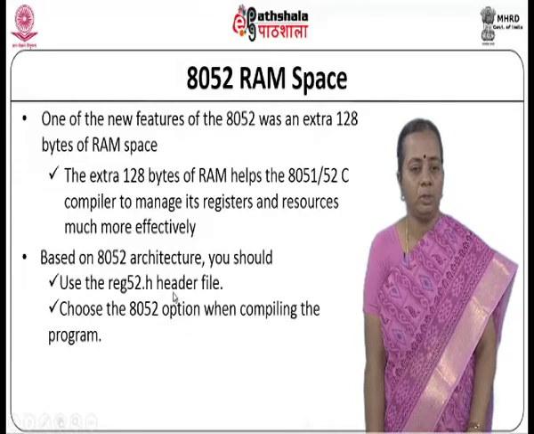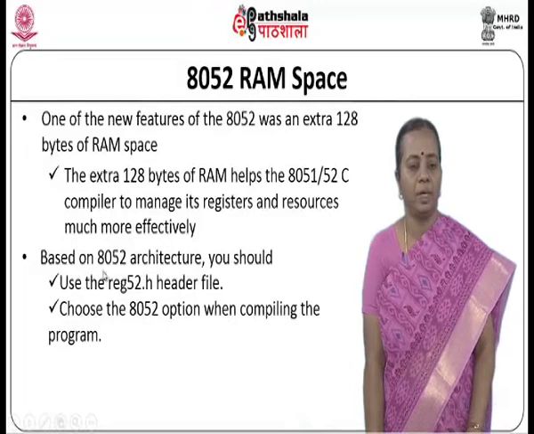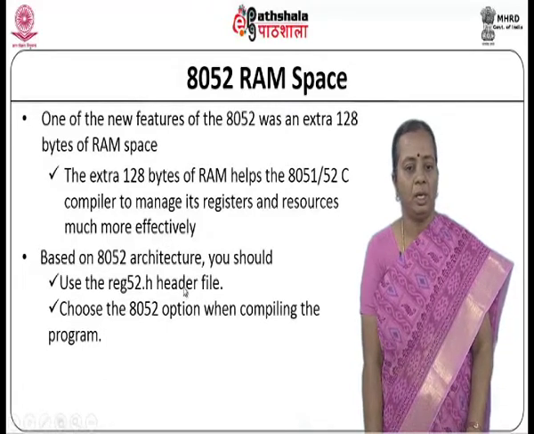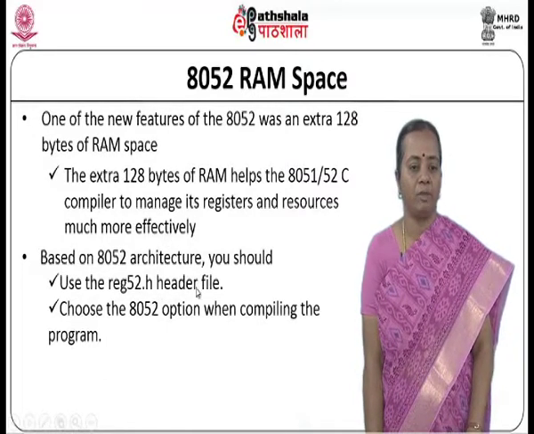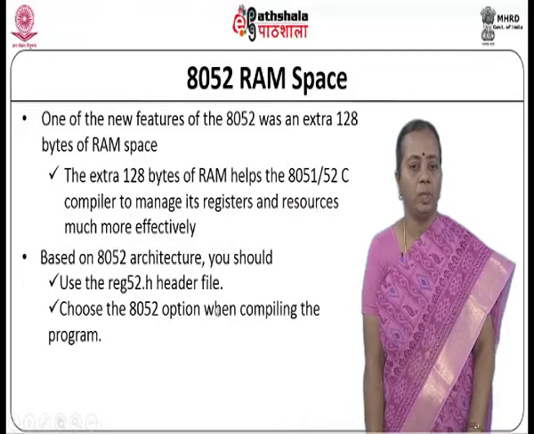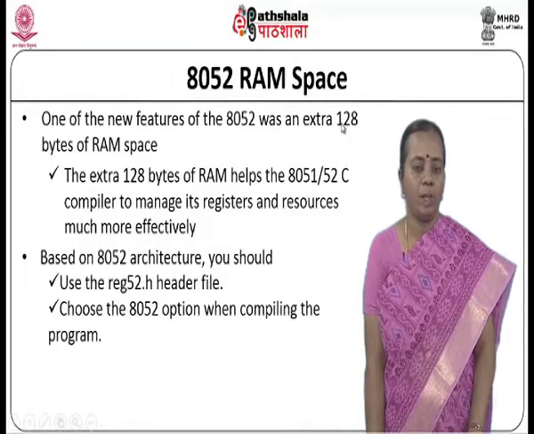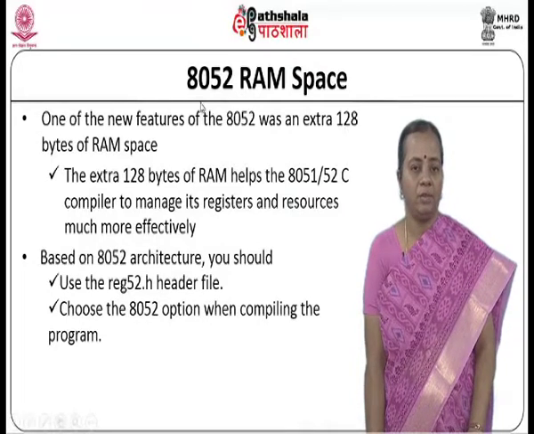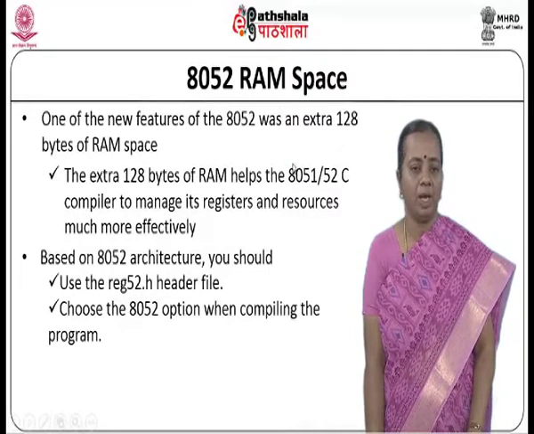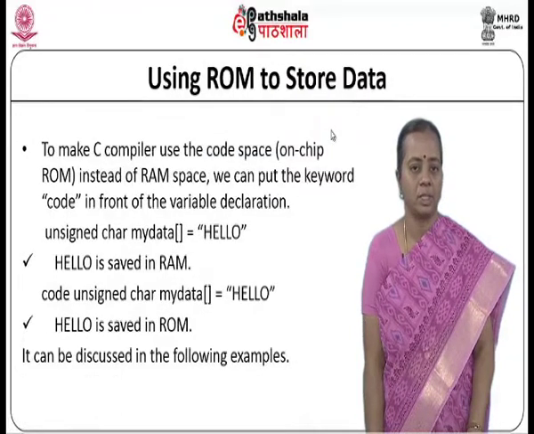If I want to use something like the 8052, there you can use the reg52 header file, and the different RAM space also. In the 8052, an extra 128 bytes is given, so if I am using the 8052, I have to include this as my register header file, and this gives extra 128 bytes to store your data sets.